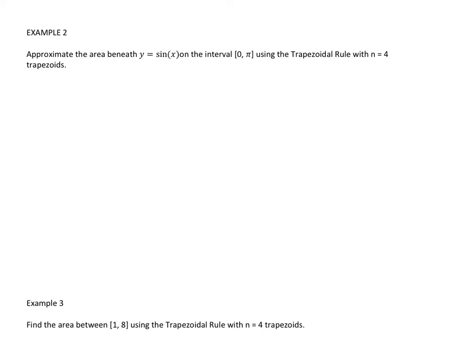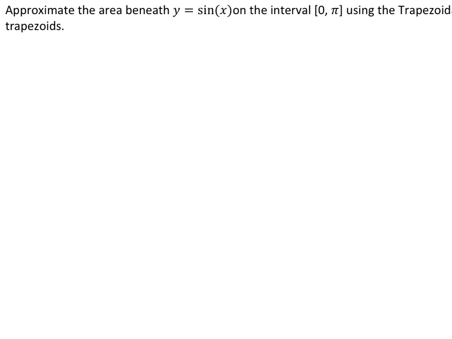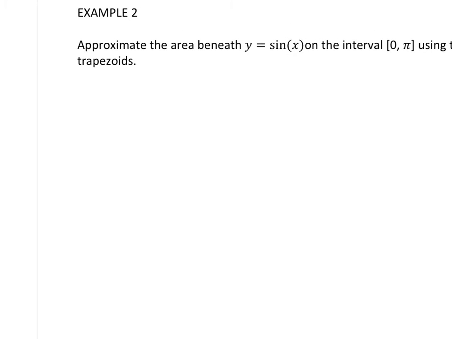The same type of thing. We're going to evaluate this integral of sine of x on the interval from 0 to pi using the trapezoidal rule with n equals 4 trapezoids. So what I want to do is just kind of graph what this looks like real quick.